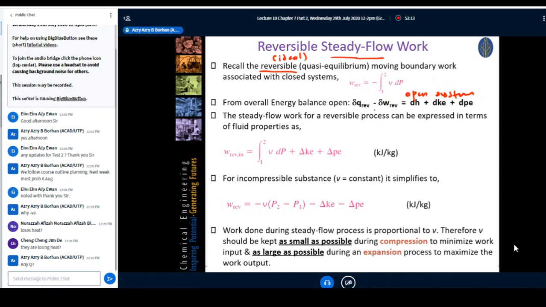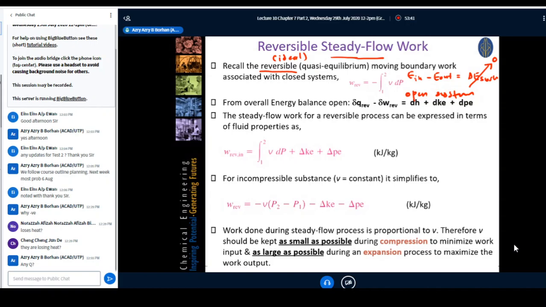So remember, for an open system, energy in minus energy out equals the change of energy of the system, right? We know the right side here is 0 because it is a steady flow process.